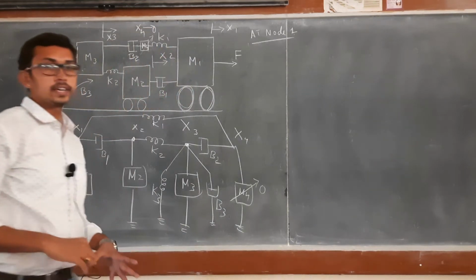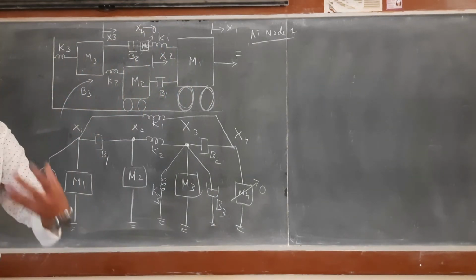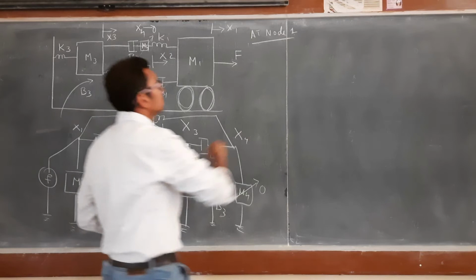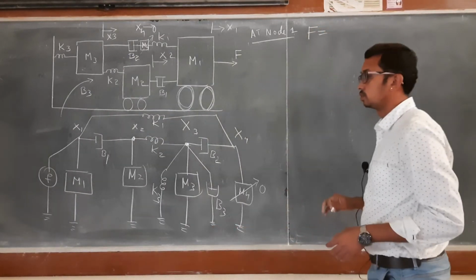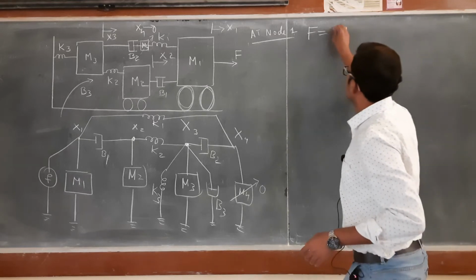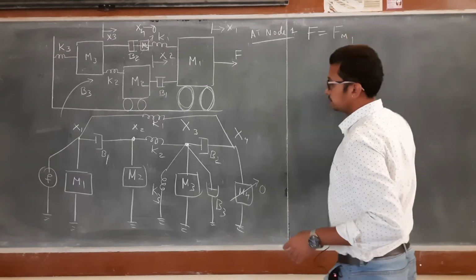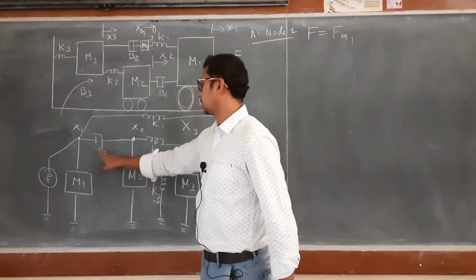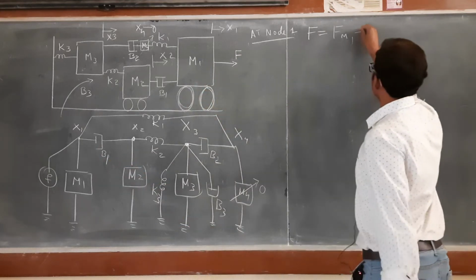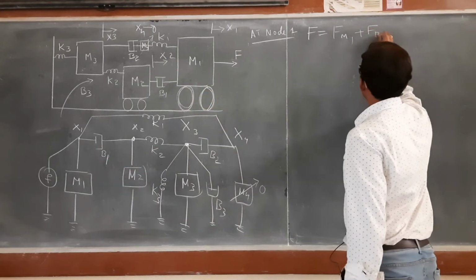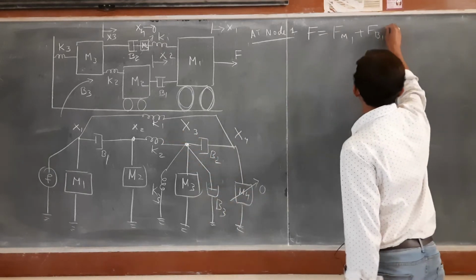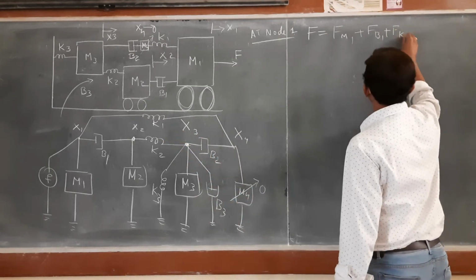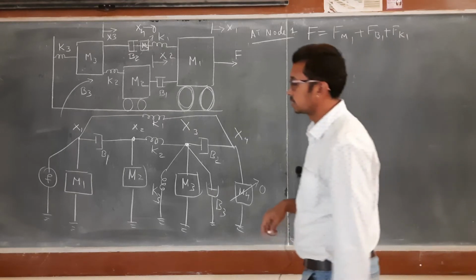We need to apply Newton's law: applied force is equal to opposing force. Which are the opposing forces we have? F of M1. Next, F of B1 plus F of K1. So anything else is there?